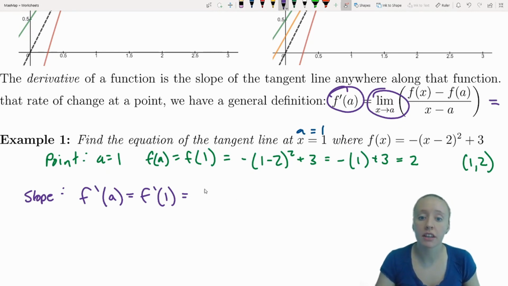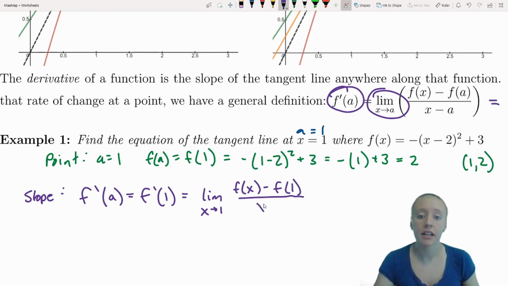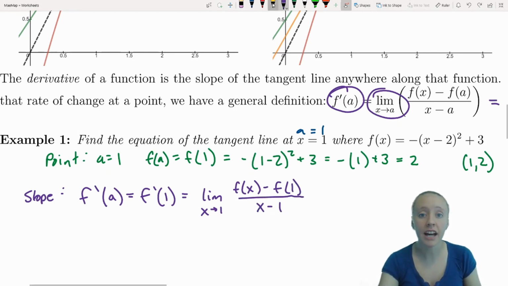So I'm going to take the limit as x approaches 1 of f of x minus f of 1, all over x minus 1. Now, look, this is what I had circled up above. This f of 1 and 1 never changed, whereas my x, f of x, did.